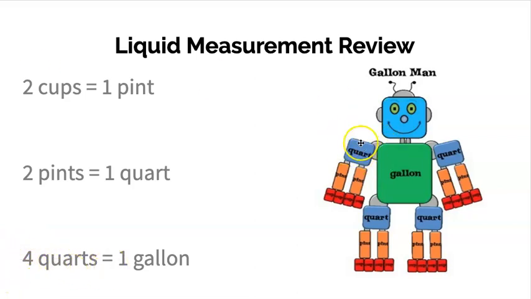So here's a quart here, that's 2. 3 quarts here, 4 quarts here. So 4 quarts equal, in the middle, a gallon. Now we're going to have to know this to answer our question. So remember, 2 pints equal a quart.